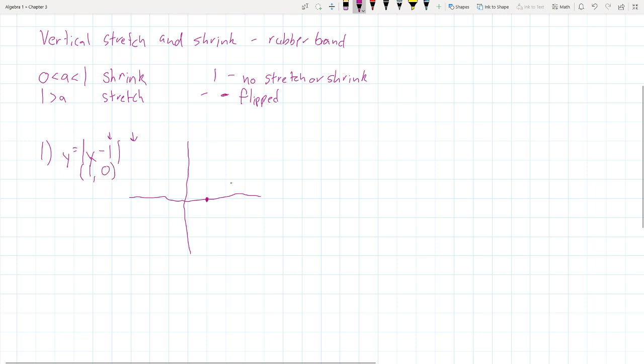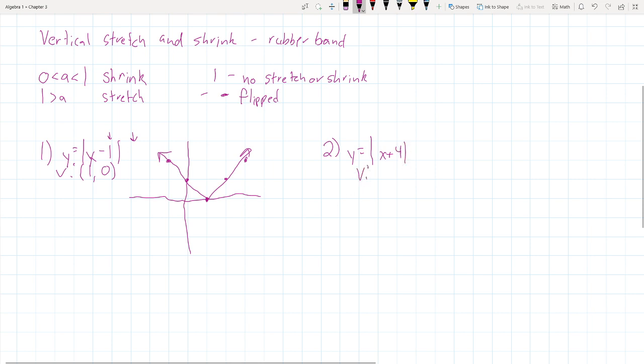Because there's no a, I can say confidently that it goes up 1 and over 1. And so it goes in this direction. All right, let's look at number 2. We have y equals the absolute value of x plus 4.